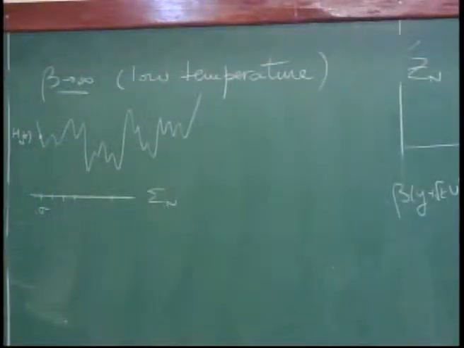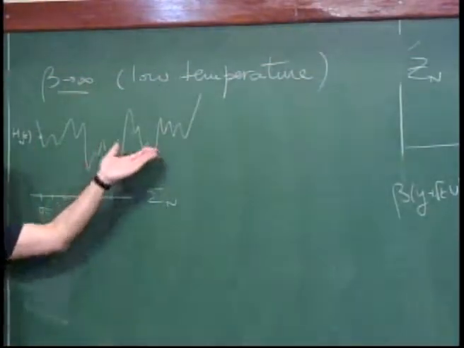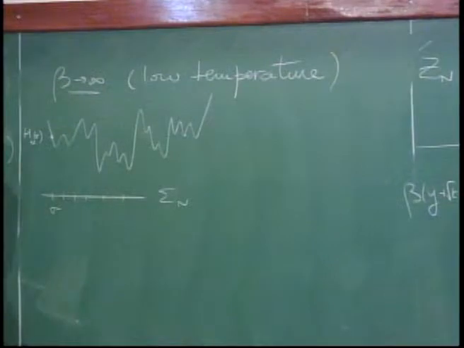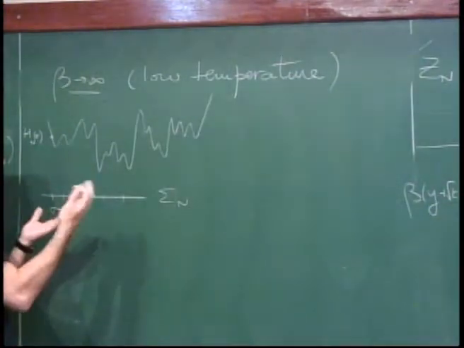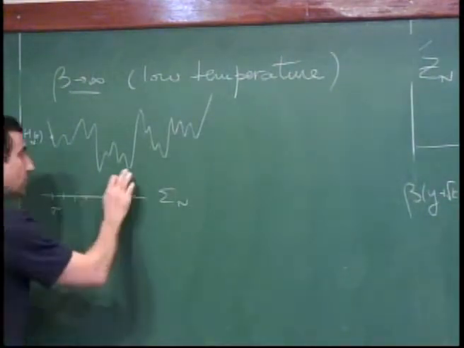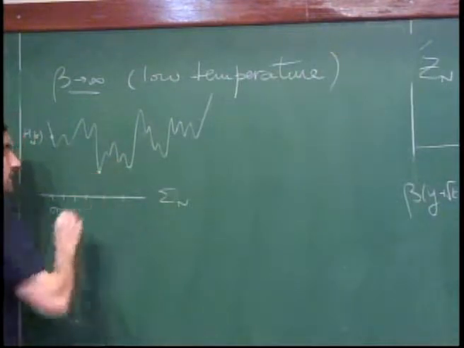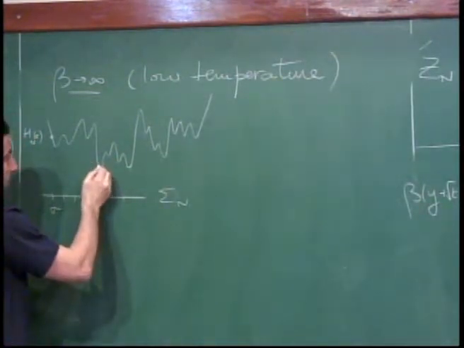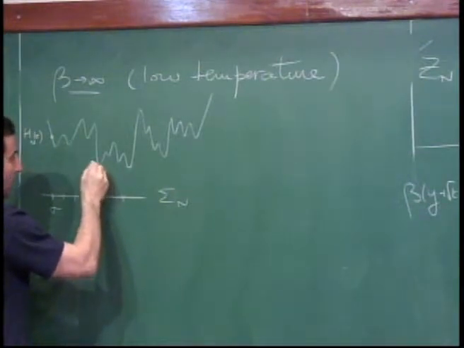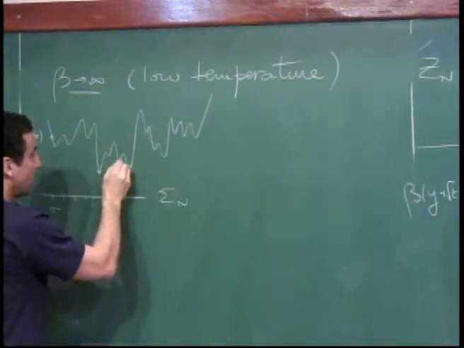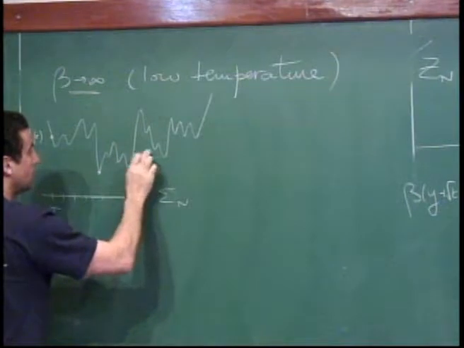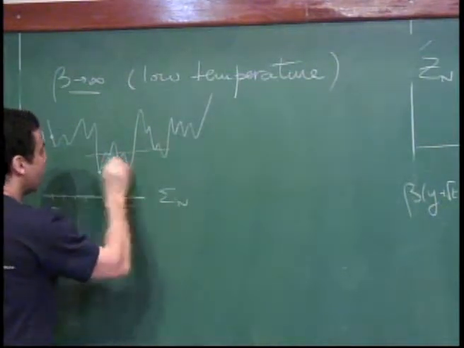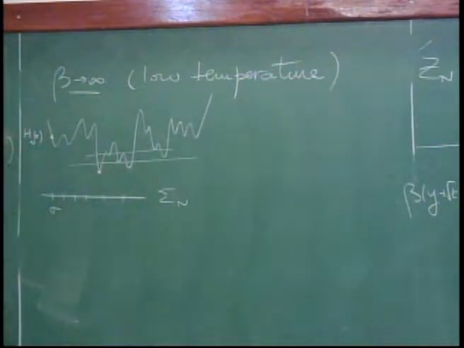So of course, when beta is very large, the measure is supposed to be concentrated on some minimum. If beta is infinite, really, it should be concentrated on the absolute minimum, which seems to be here. But when beta is large, maybe it will be concentrated on all the minima below this, somewhere here, maybe a band like this. That's what you would think.